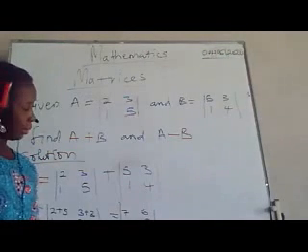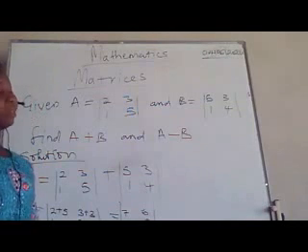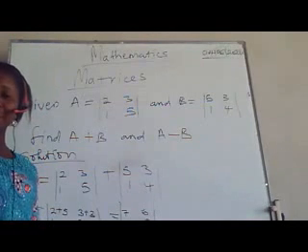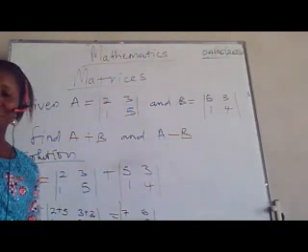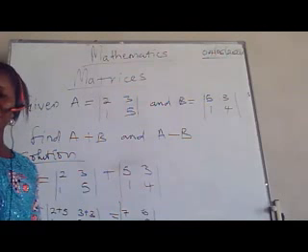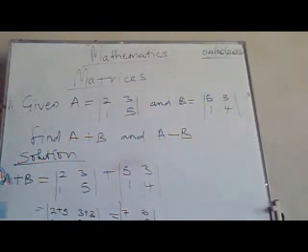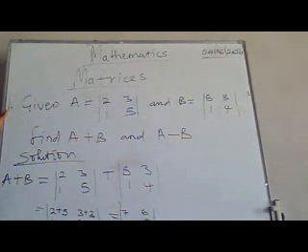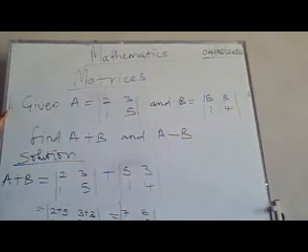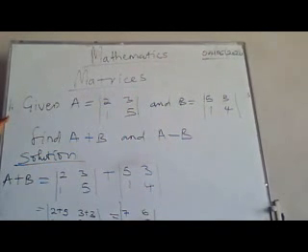Our lesson was matrices. And I said that a matrix is a set of numbers that is arranged in rows and columns to form a rectangular array. And I told you that we have some examples under matrix, like a 2 by 2 matrix, a 3 by 3 matrix, a 4 by 4 matrix, 3 by 2 matrix, and others.